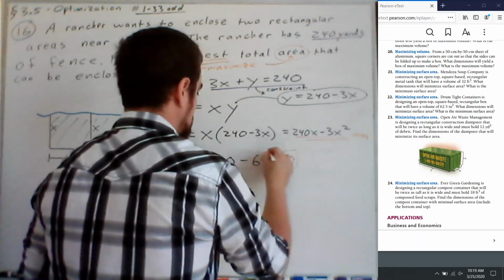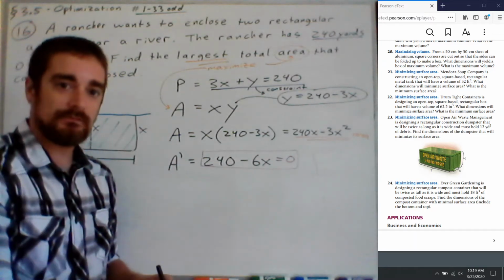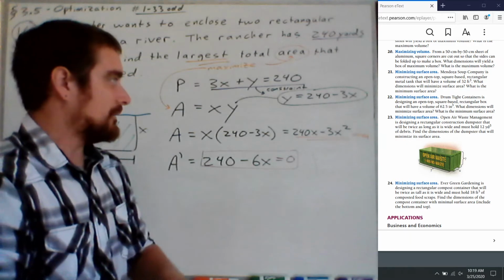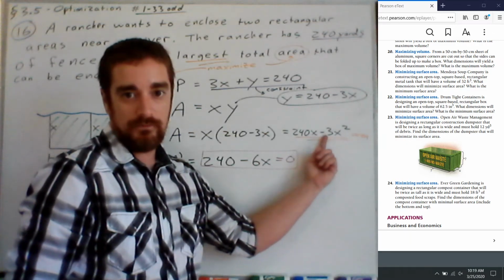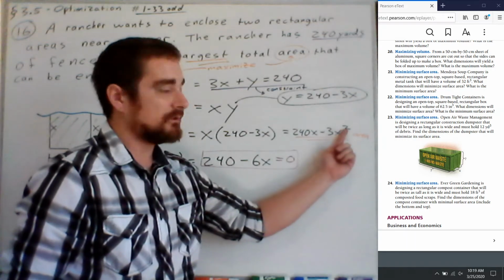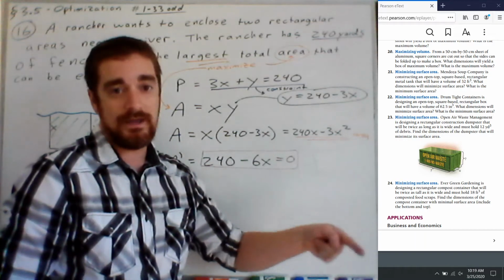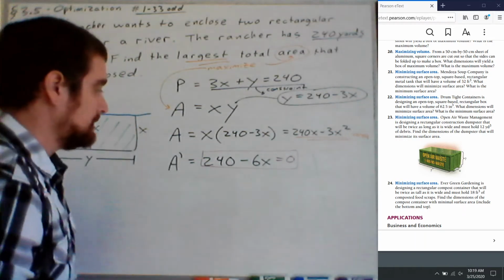I want to know where this thing is equal to 0. It's a derivative. When it's equal to 0, I'm either hitting a maximum or hitting a minimum. Now, I'm guaranteed to hit a maximum because look at this. Negative leading coefficient. Right? This is not the leading coefficient. This is a quadratic. The leading coefficient is negative, so it's a parabola that opens down. So I'm guaranteed to hit a maximum.